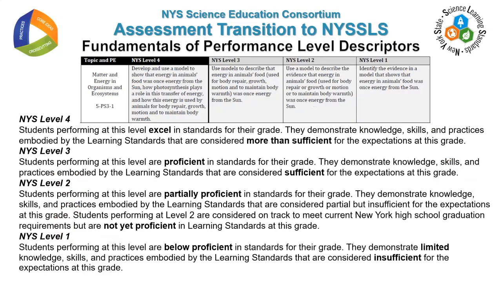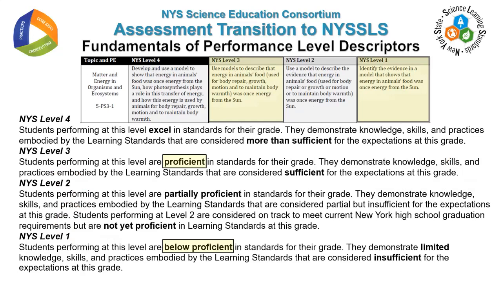The PLDs are listed by performance expectation from NYSSLS. This one is performance expectation 5-PS1-3. You can see that students at level 3 are proficient, and level 3 is the actual standard or performance expectation for the grade level.